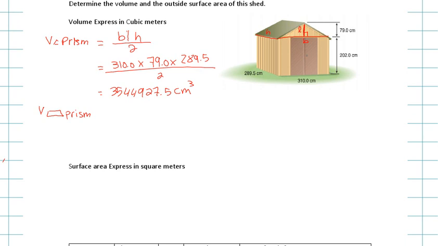So for the rectangular prism, this is the length. It doesn't matter which one is length and which one is width. I'm going to call this length, width, and height.